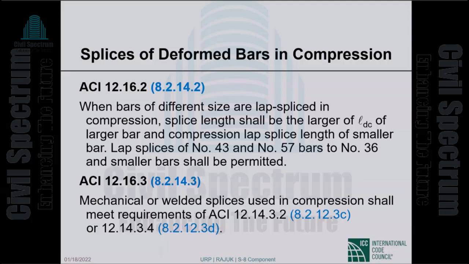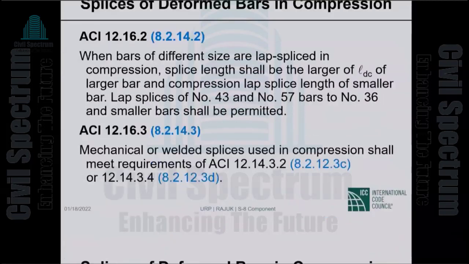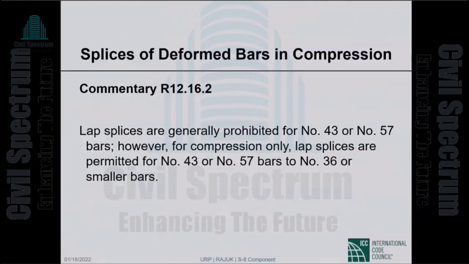Mechanical and welded splices used in compression shall meet requirements of the relevant sections, which are full mechanical and full welded. So mechanical or welded splices used in compression shall be full mechanical splices or full welded splices. That less than full business does not apply.